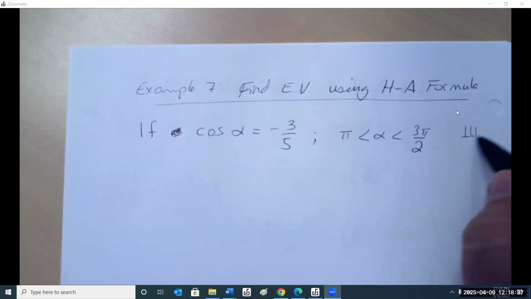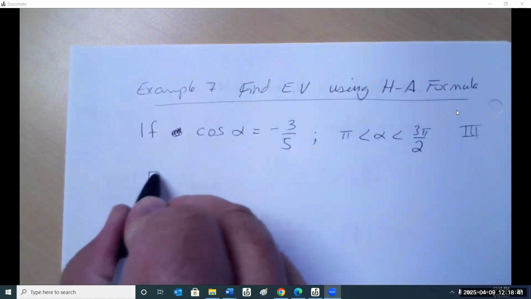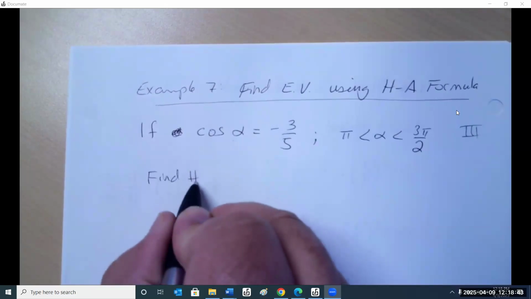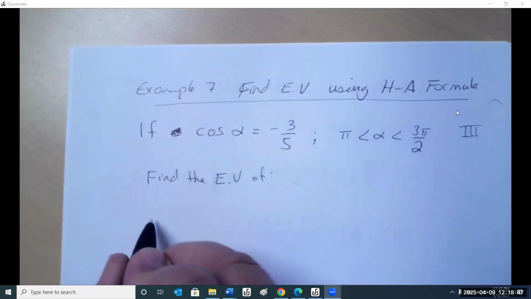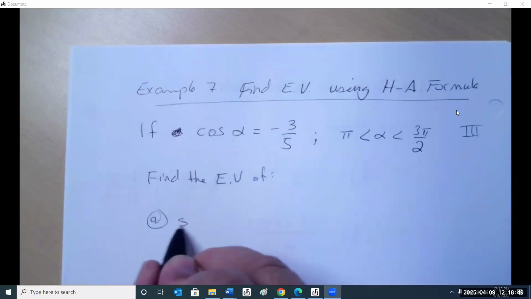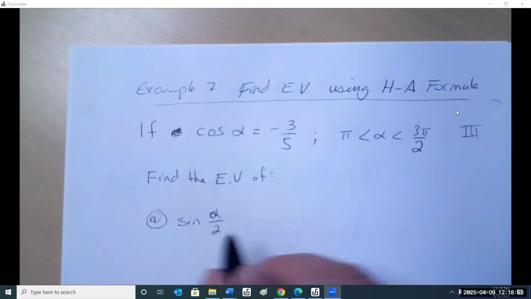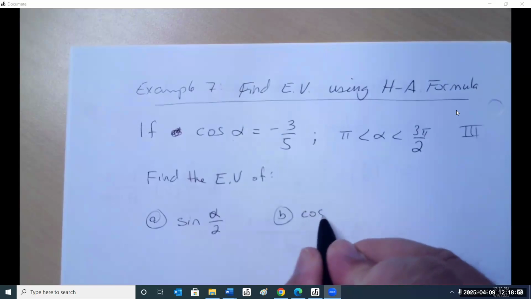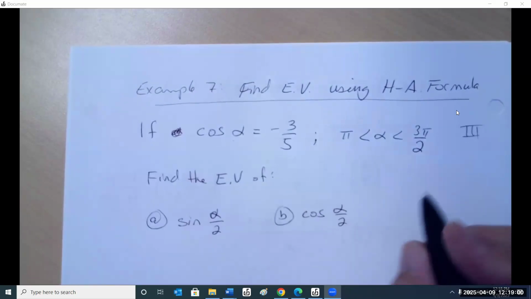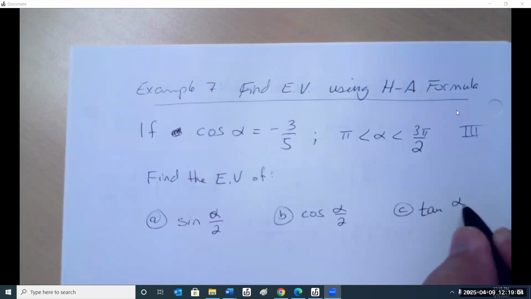Third quadrant. Find the exact value of sine alpha over 2, cosine alpha over 2, and tangent alpha over 2.